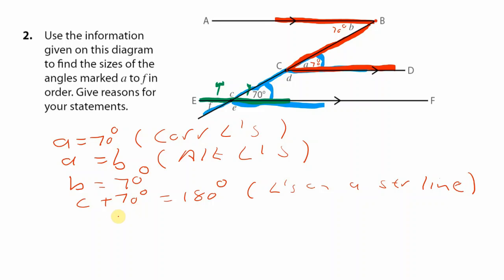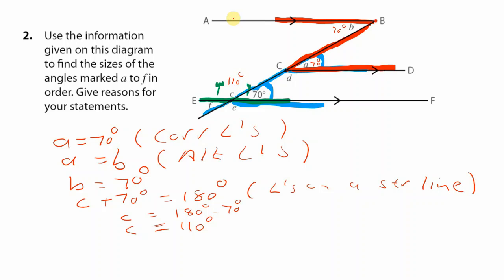So now we can solve C. We can let the 70 swim across the river. The positive becomes negative. So C is simply 110 degrees. So we know C is 110 degrees.